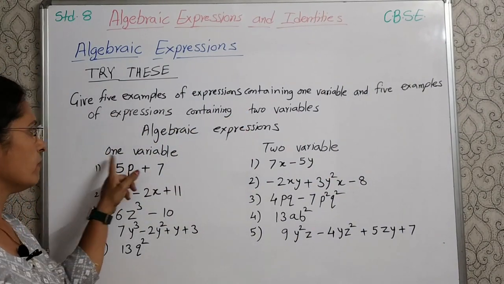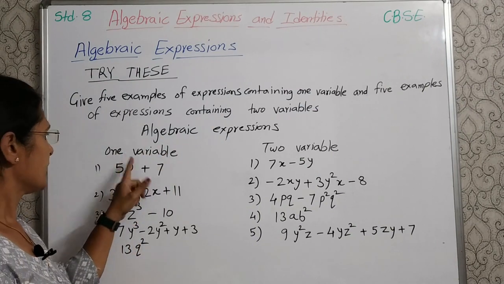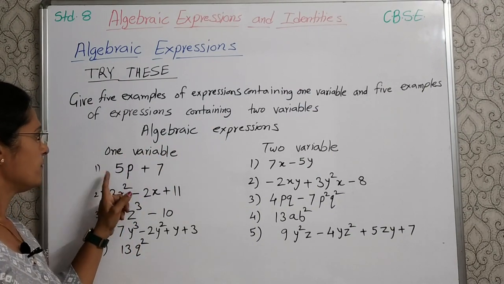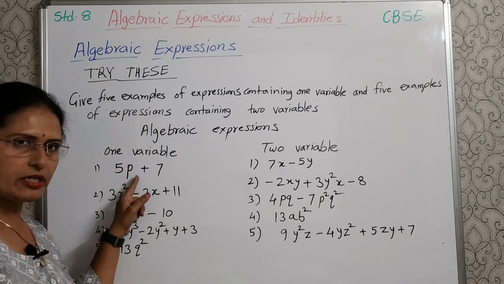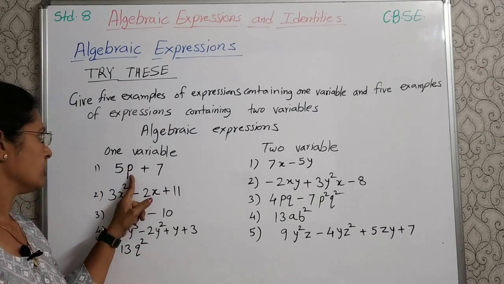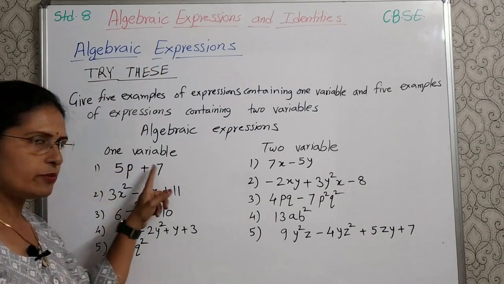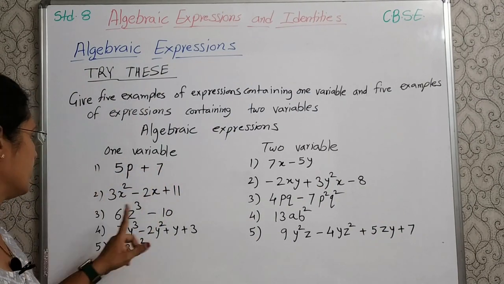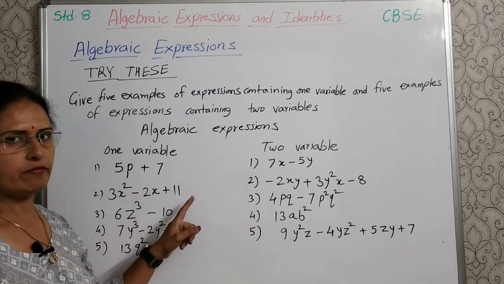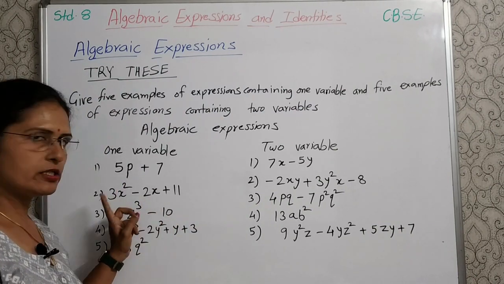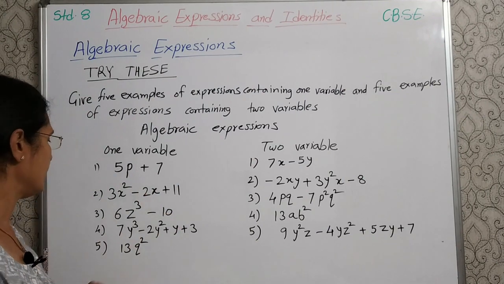So here, one variable algebraic expressions. First, 5p plus 7. So here only one variable is there and that is p. So this is an algebraic expression with one variable. Next, 3x square minus 2x plus 11. So here the variable is x, which is one variable.